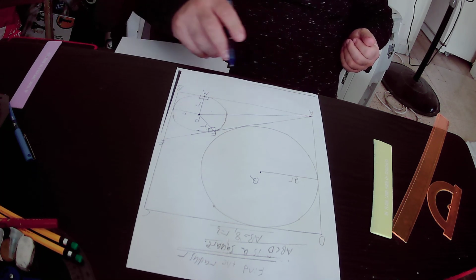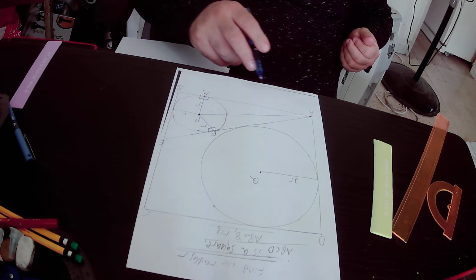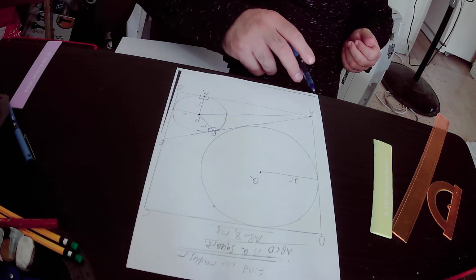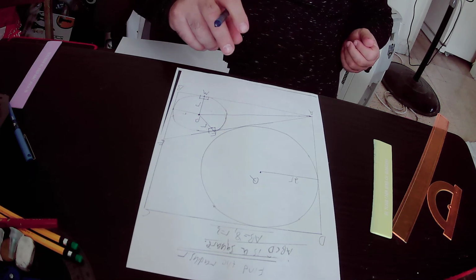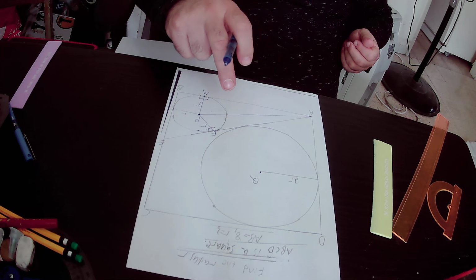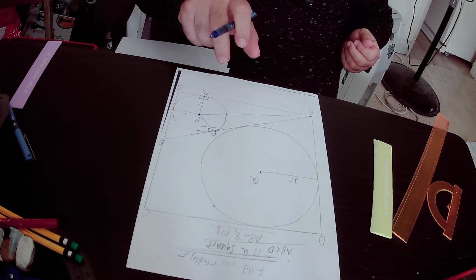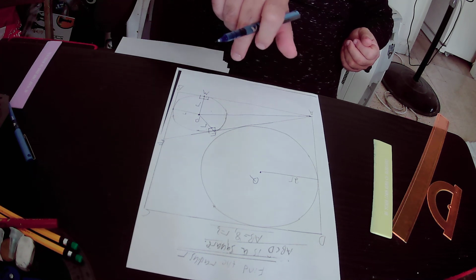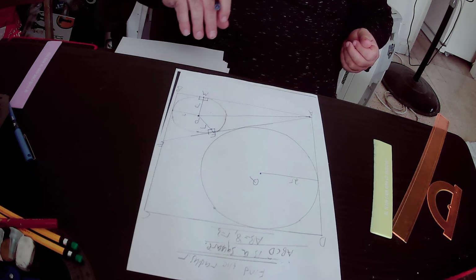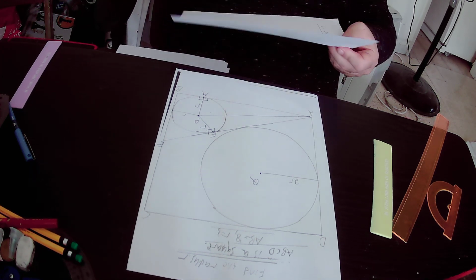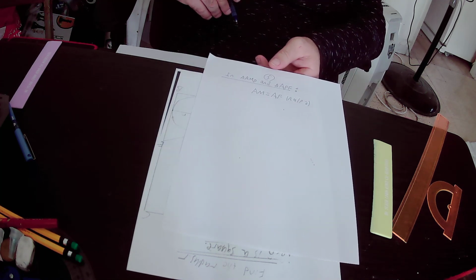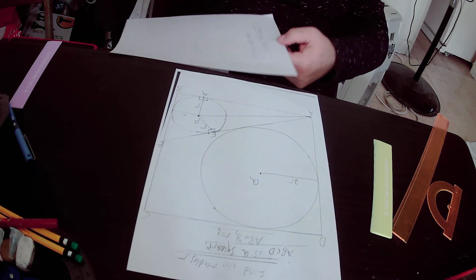That is to say, tangent AM equals tangent AF. AM equals AF according to rule number 2.